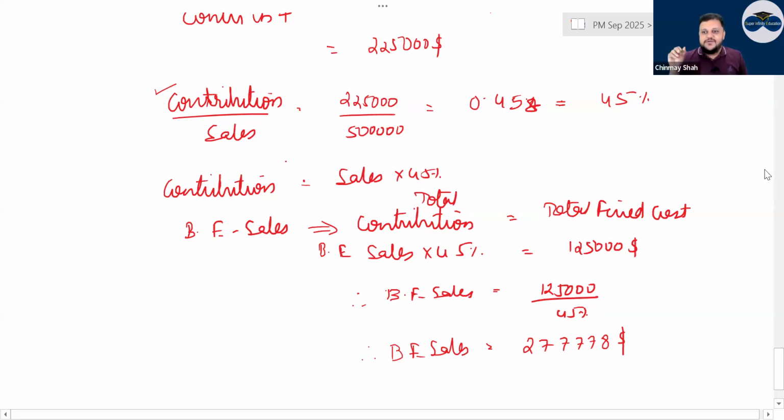If I want a contribution of 125,000, if I divide by contribution per unit, I get units. But if I divide by the contribution ratio where units are not given, I will get total sales directly. This is the derivation of the formula. If you don't know this, in the exam you will not be able to understand. Now reverse: if I had given selling price per unit, could you find BEP in units? Yes. But they will never give selling price when you have to find everything in totality.